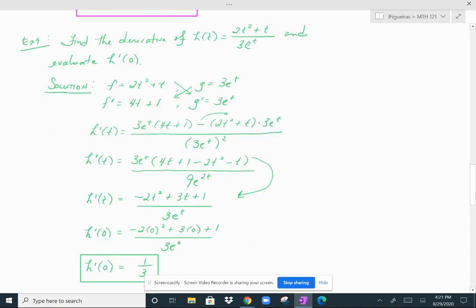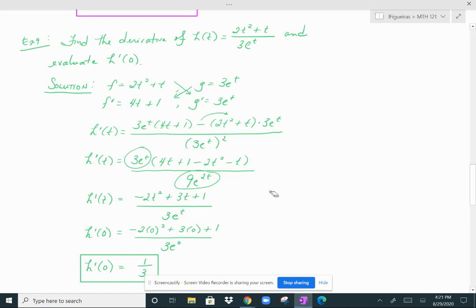But notice that the 3e to the t, this one, will cancel with some of what's in the denominator. So the 3 and the 9 cancel, so you end up with 3 in the denominator. And e to the t in the numerator and e to the 2t in the denominator leaves you with just an e to the t in the denominator.